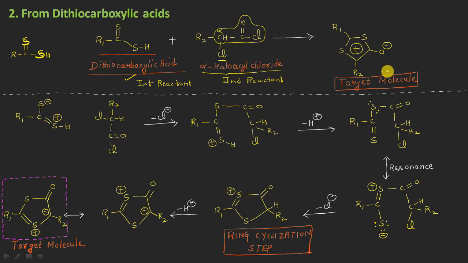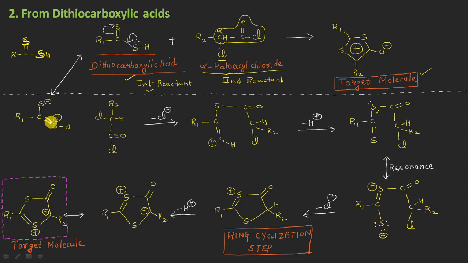And what we want is to synthesize this target molecule, which is the 1,3-dithiolium 4-olate mesoionic and belongs to the type A category, right? So starting from this first reactant, the resonating structure of this dithiocarboxylic acid will be something like this, in which the electrons shift like this, sending these electrons onto the sulfur atom, giving a sulfur negative here, and this will now become a single bond, this will now become a double bond.